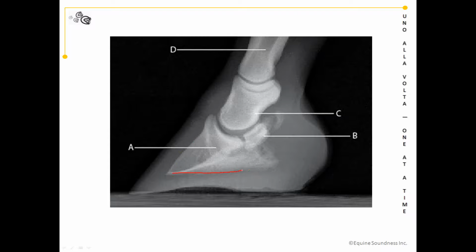This here is the surface, distal surface of the coffin bone. Then we have here the navicular bone sitting in its correct space. And we'll talk about the short pastern bone in a moment and about the long pastern bone as well.